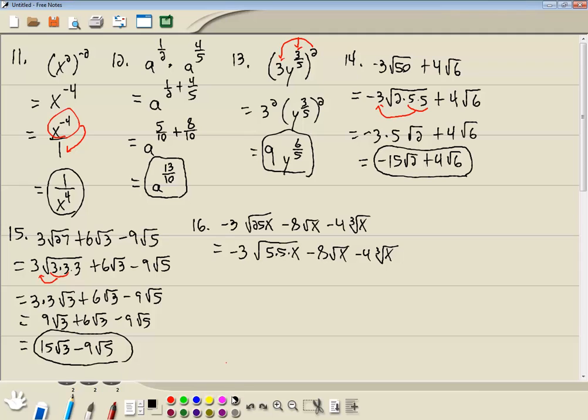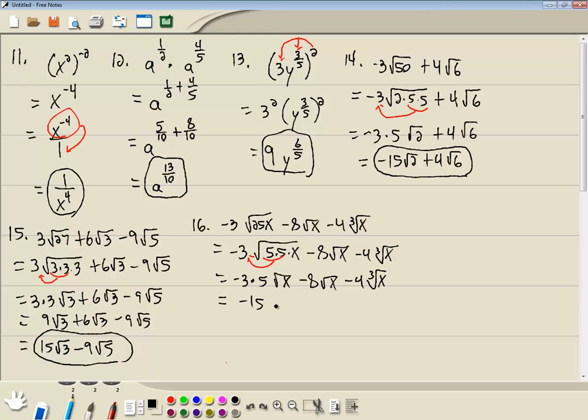Now remember, we're looking for pairs of something. So in this first radical, we have a pair of 5, so I can come out of the square root as a single 5. So we've got negative 3 times 5 square root of x, minus 8 square root of x, minus 4 cube root of x.